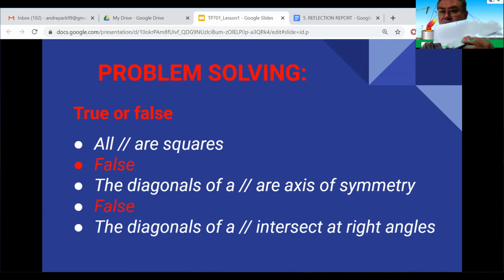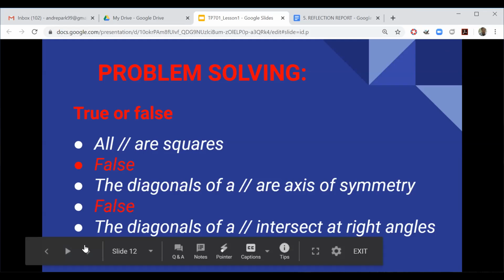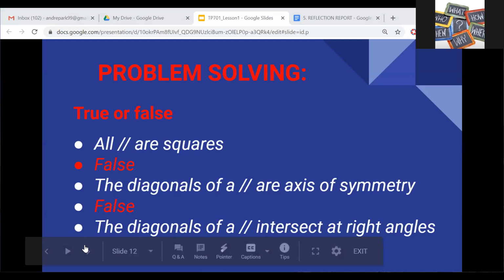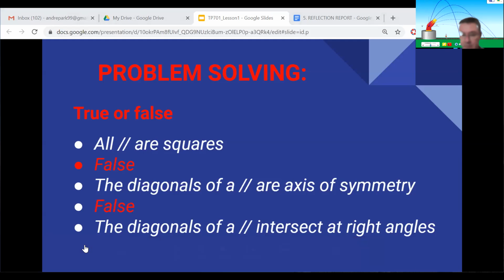Yes, excellent. Next question. The diagonals of a parallelogram intersect at right angles. At right angles. There we go.